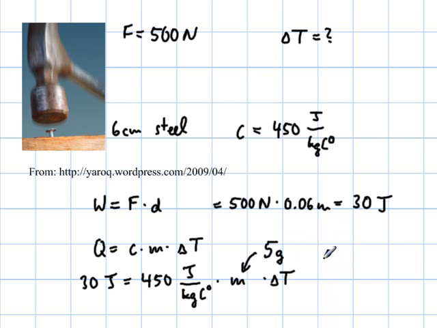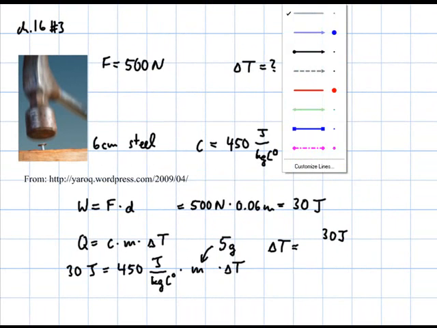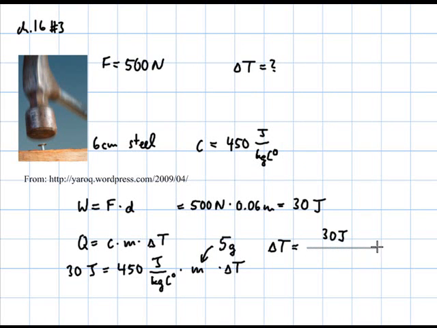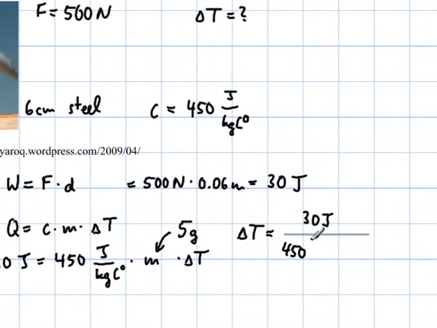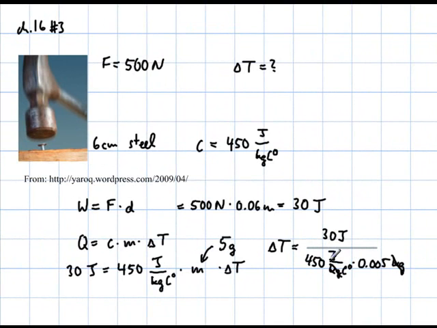So the delta T here will then calculate as 30 joules, divided by 450 joules per kilogram Celsius degrees times 0.005 kilograms.